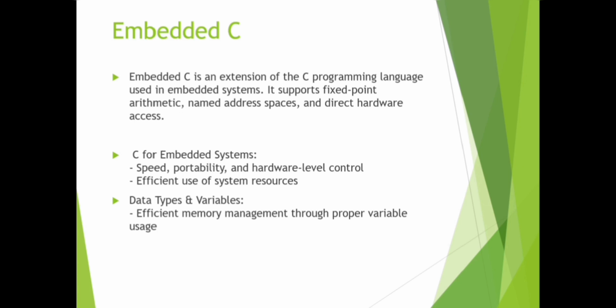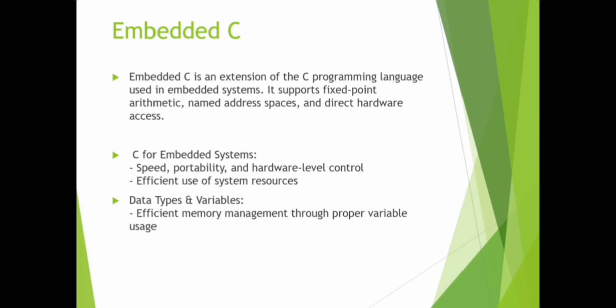And the best language for that is embedded C. Why embedded C? Because it gives you direct access to hardware. It uses less memory and runs faster than higher level languages. It's portable, meaning you can use the same logic on other controllers with little change.